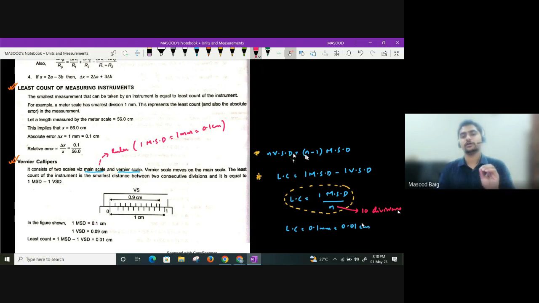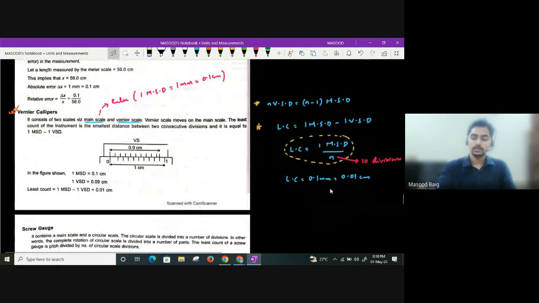If 20 divisions on vernier scale are coinciding with 19 divisions on main scale, it is a normal caliper. If they are coinciding with 12, or 15, or 18, or 21, or 22 divisions on main scale, then such a caliper will be an abnormal caliper. Whether it is a normal or an abnormal caliper, the least count formula will remain the same, guys: 1 main scale division minus 1 vernier scale division. The other formula, however, is true only for a normal vernier caliper. Clear, all of you?